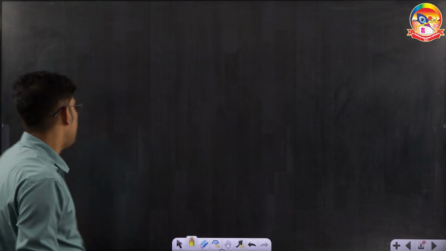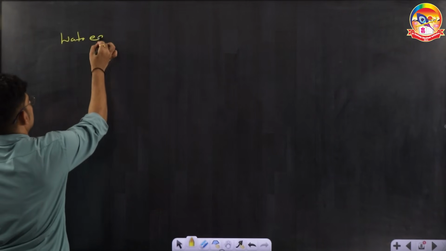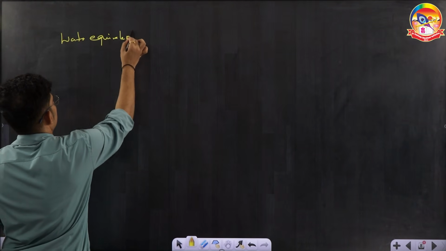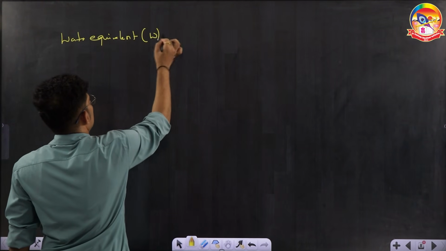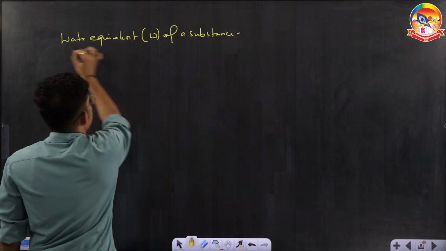Next, we have something called water equivalent, W, of a substance. You just need to replace that substance by water.